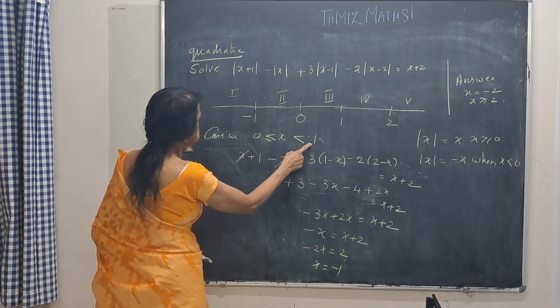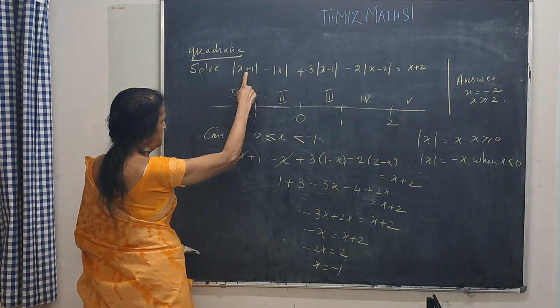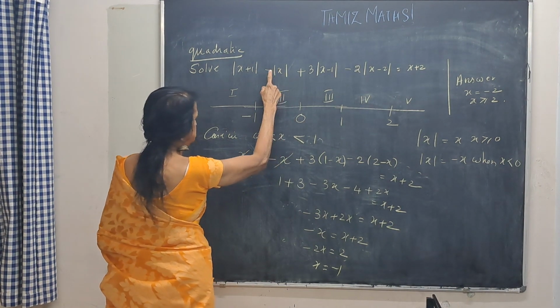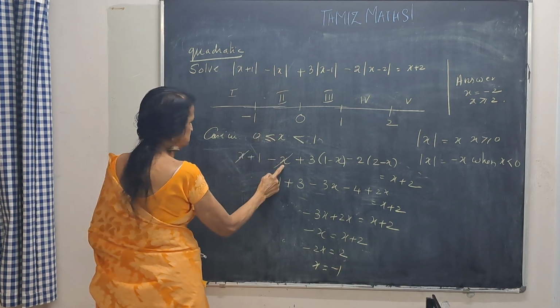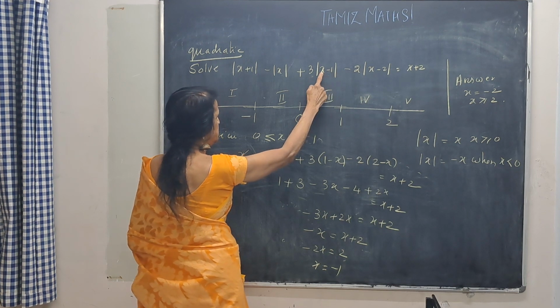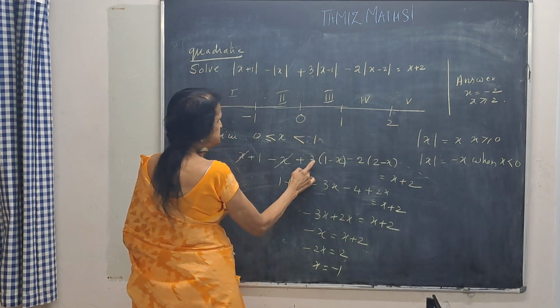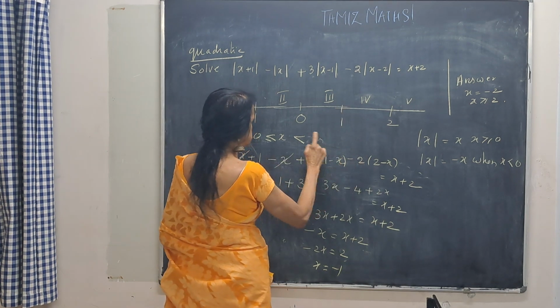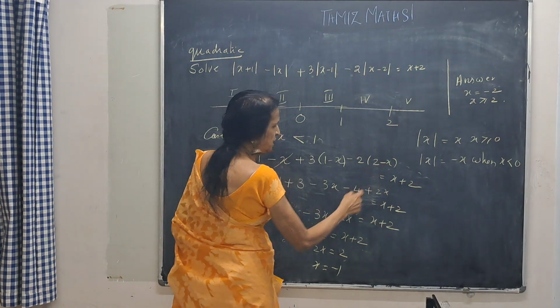0 to 1, this will be positive, x plus 1. 0 to 1, this will be positive, with this minus, this is x, so this is x. Plus 3 into, x minus 1 will be negative here, so this is 3 into 1 minus x. Minus 2 into, this will be negative here, it will be 2 minus x.